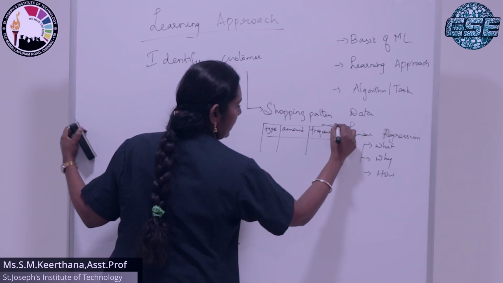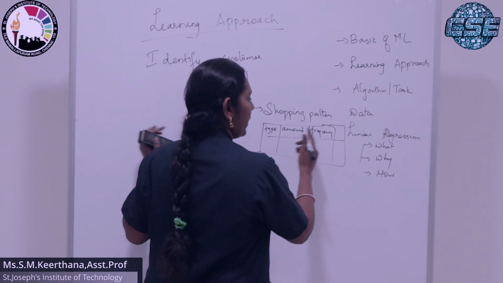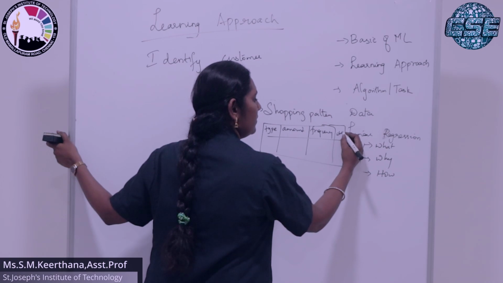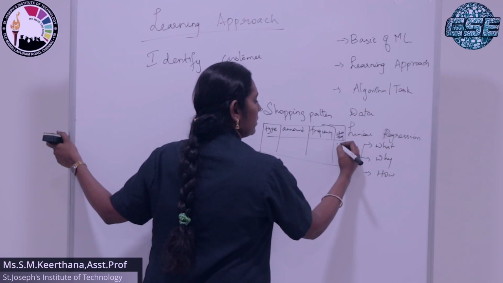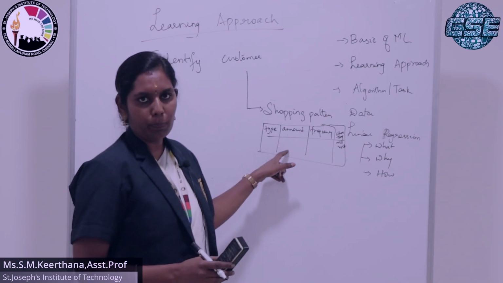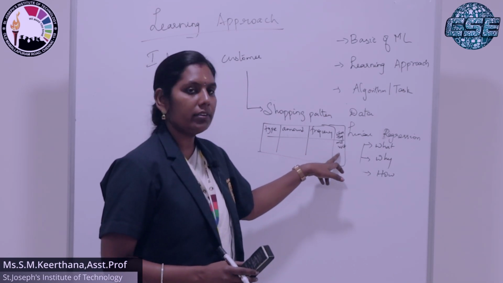We could have this data readily available in the shop. Based on this, we could analyze when the persons will visit the shop next. So this is supervised learning because based on these attributes I am having the output.